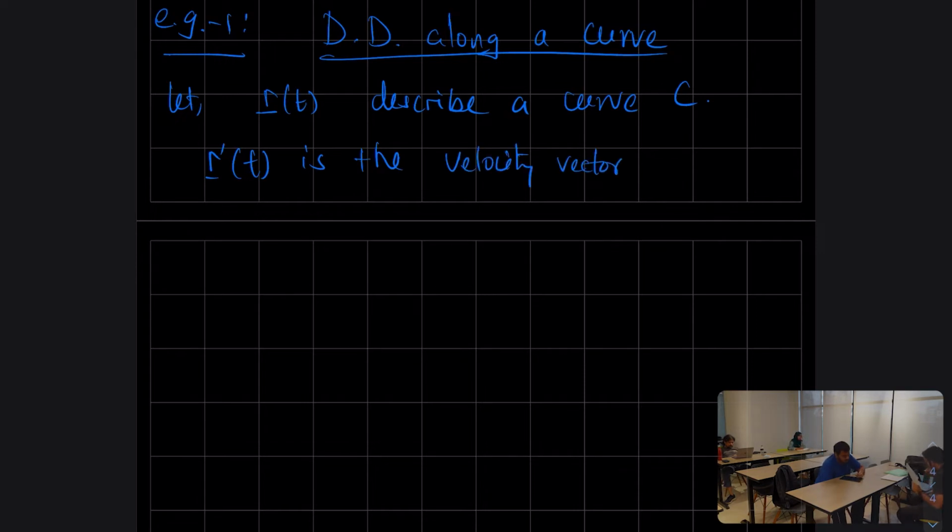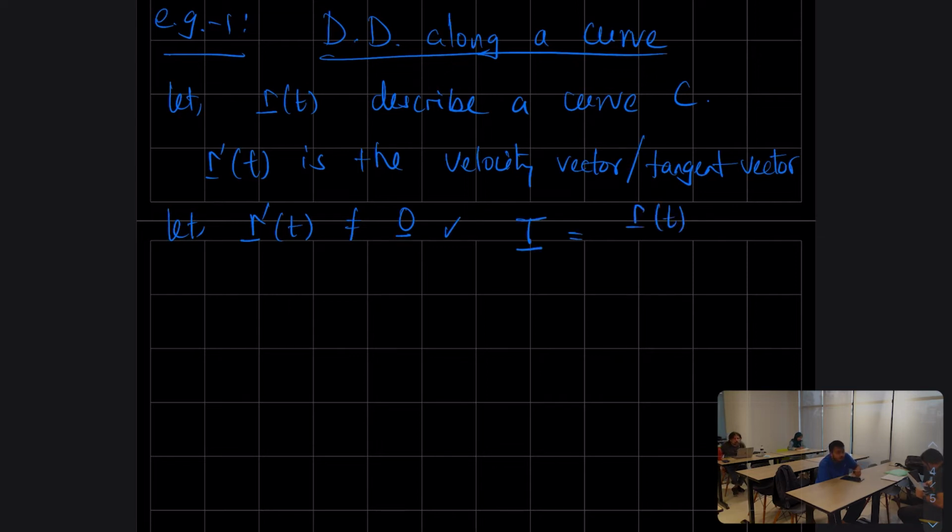If it's a particle line, it's a velocity vector, or for any line, it will be a tangent vector. Let r prime of t be not equal to the 0 vector. This remark is important because I don't want my tangent vector to vanish. This is important.